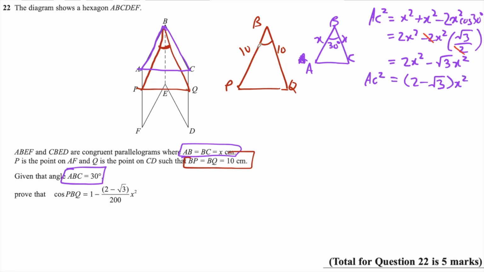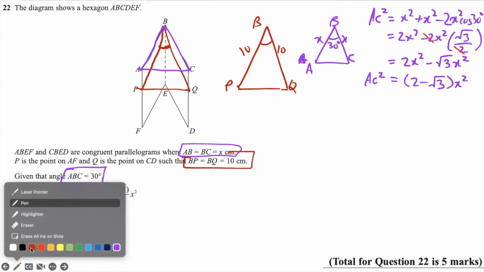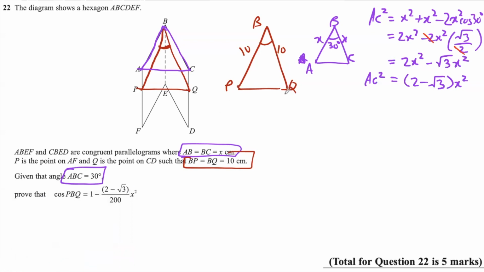Okay, now let's go to the red triangle. Here we have this PQ right here, right? And remember, we said we're going to use cos rule at some point. So this is that point.